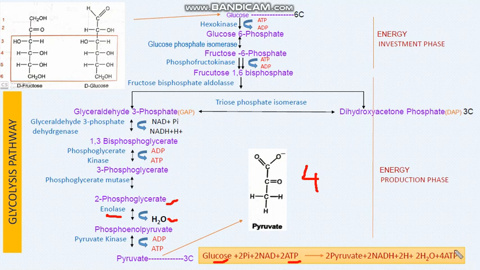Why 2? Because here we are getting 4 ATP, and there is utilization of 2 ATP molecules. So 4 minus 2 equals 2. So the net gain is 2 ATP molecules.